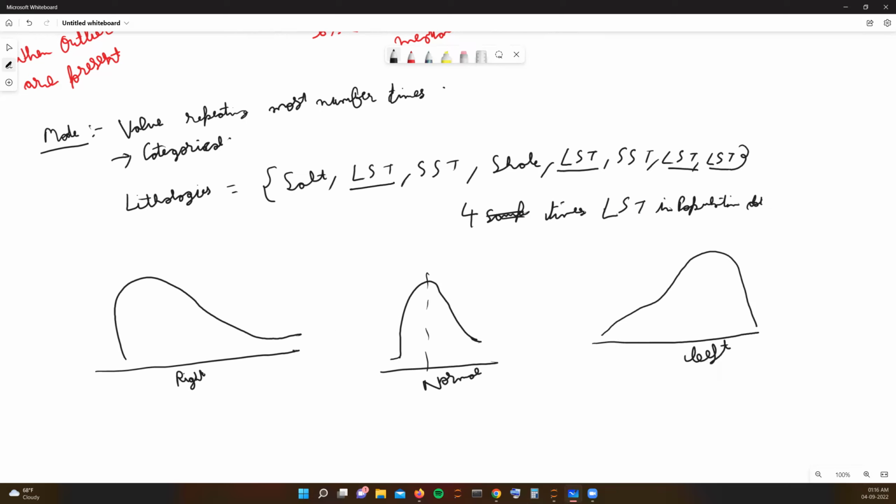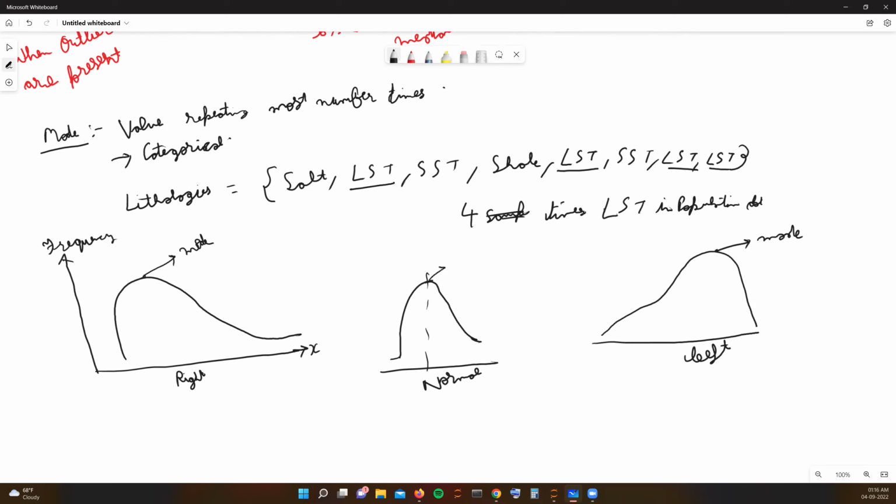So basically on the x-axis are your data points that are present, and on the y-axis just assume the frequency of those points, how many times each is repeating, right? So for normal distribution, you can see this particular point, the highest peak, is basically representing your mode because it is repeating the most number of times. So in both these, this will be your mode.